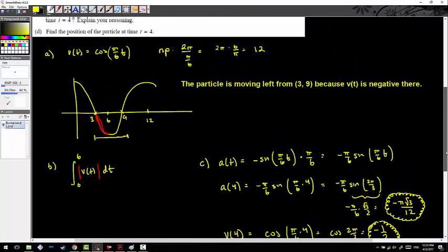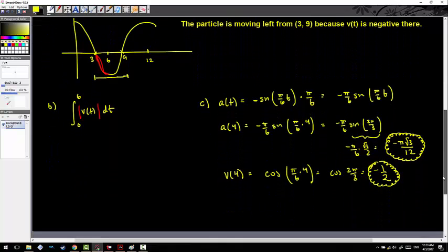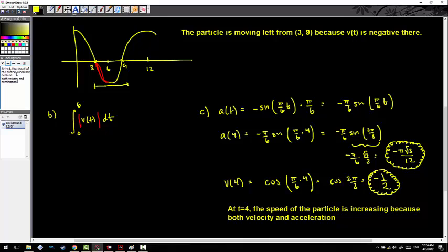And so when it comes down to explaining my reasoning as to why the particle is speeding up or slowing down, I can say definitively that at t equals 4, the speed of the particle is increasing because both velocity and acceleration have the same signs.